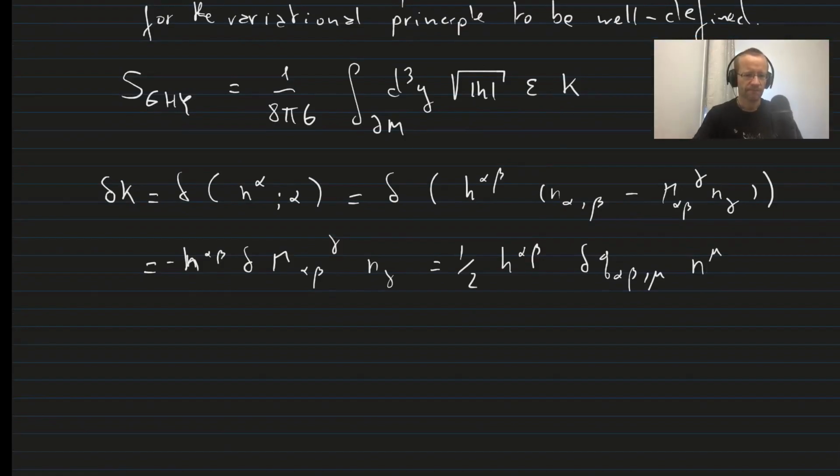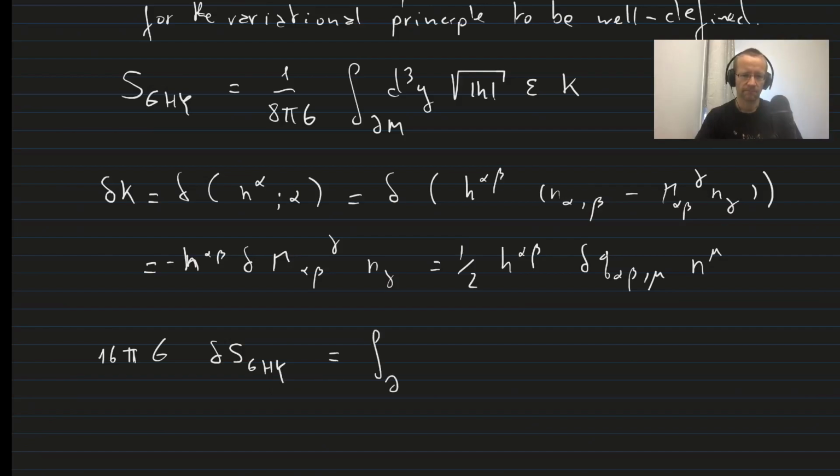Using this, one finds that 16 pi G Newton times the variation of the Gibbons-Hawking-York boundary term is equal to, well, the 2's cancel.